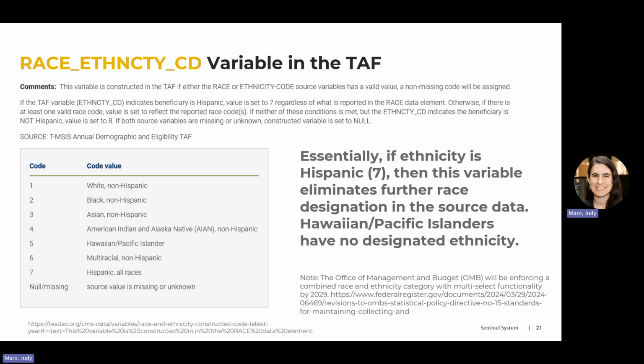Similarly, for Hawaiian Pacific Islanders, which has typically been regarded as a race category, there is no designated ethnicity. So in data sets that adopt the structure with a separated race and ethnicity variable, this can result in missingness, because there's a combined variable in the source data. And we'll see that reflected in these next two slides.